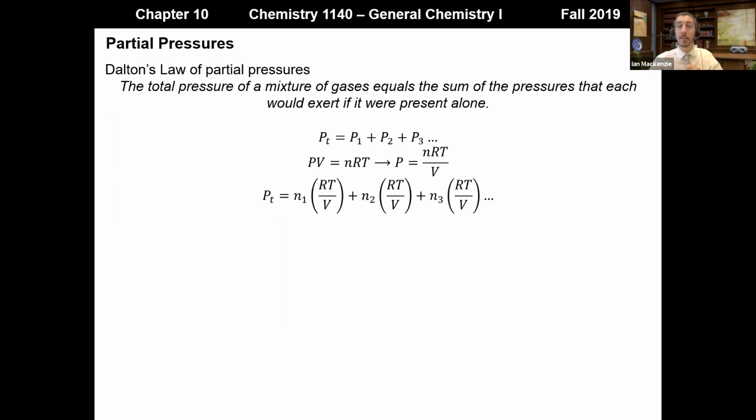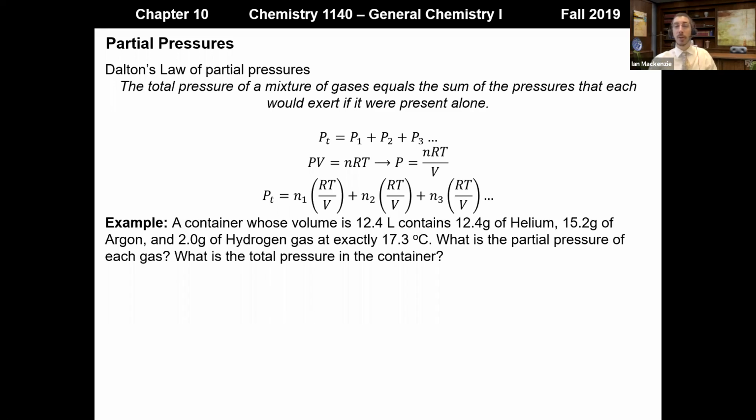So the only difference is the number of moles of each gas, and we can substitute this in for the individual pressures and relate the total pressure directly to the individual number of moles. That's the only difference between the different gases, where the RT over V is the same regardless of the gas.